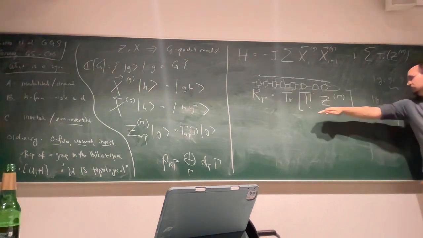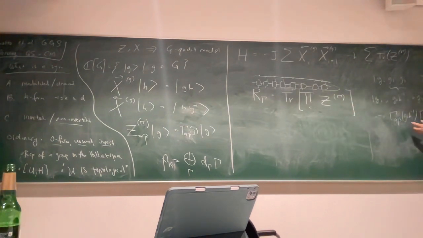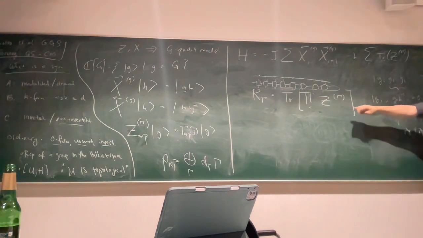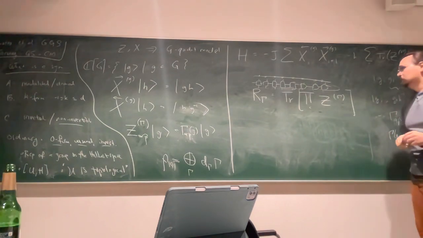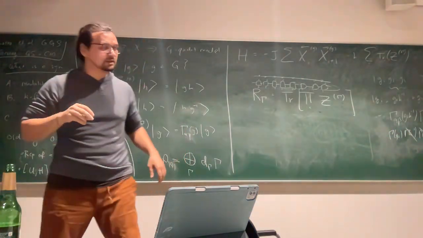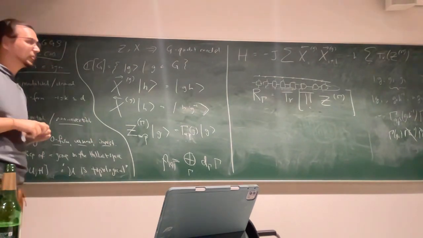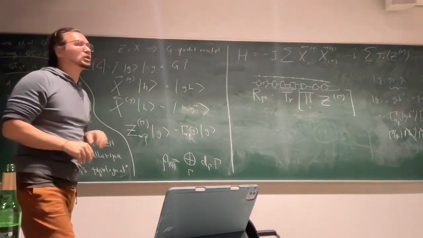So when I act with this operator on this state, you see that by the basic properties of representations, this is going to split into basically gamma of G2, gamma of H inverse, gamma of H, and then these two will cancel, gamma of G3, and so on. And so I get back the same thing as if I had acted first with this operator and then with this operator. So this commutes with this, so this commutes with my Hamiltonian. It satisfies the basic properties of being a symmetry. It acts on my entire system, so it's topological.